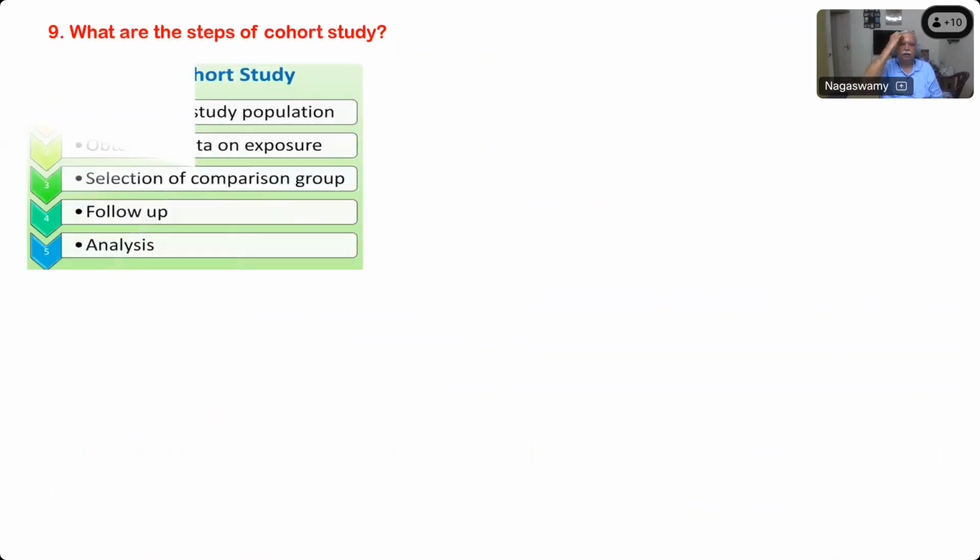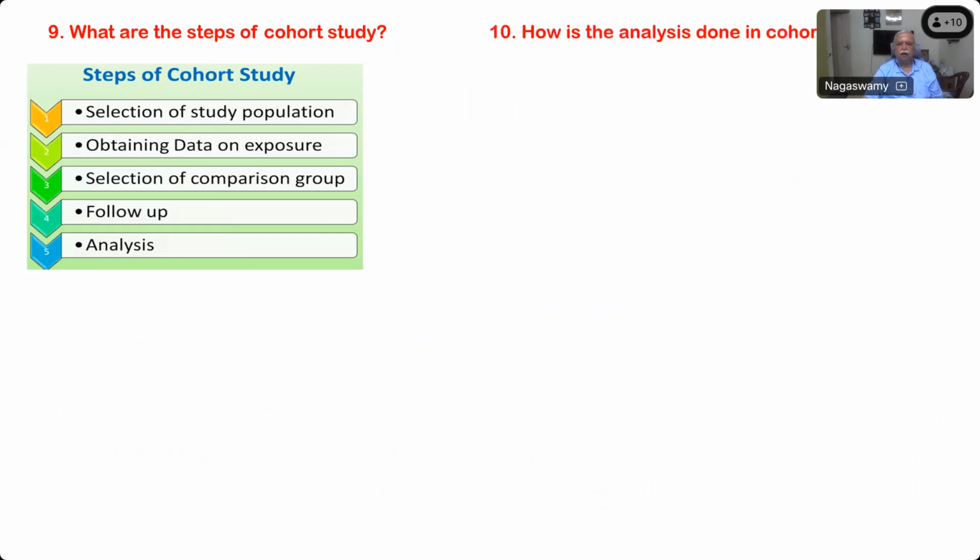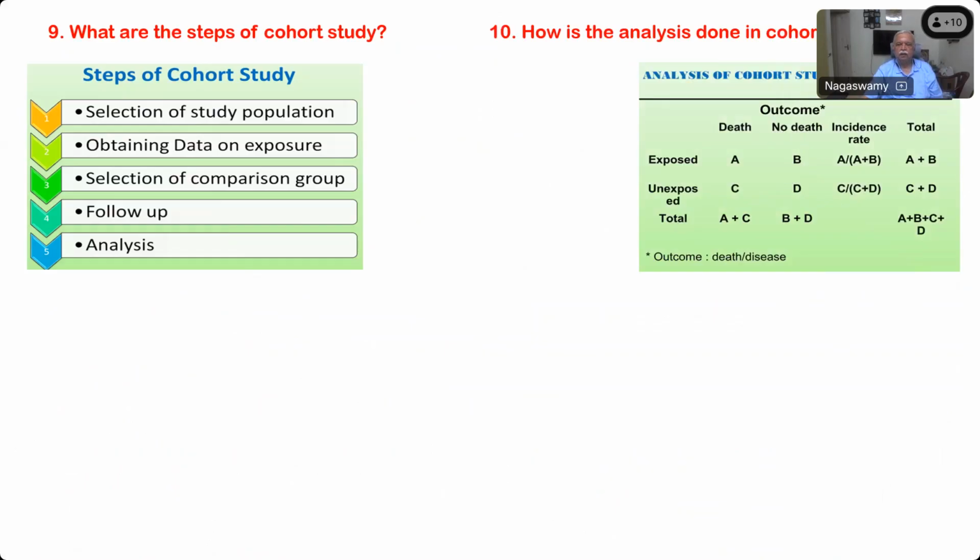The steps in a cohort study are selection of study population, obtaining data on exposure, selection of comparison group, follow-up and analysis. How this analysis is done is, you select the exposed group with disease or no disease, death or no death, and then do this calculation.